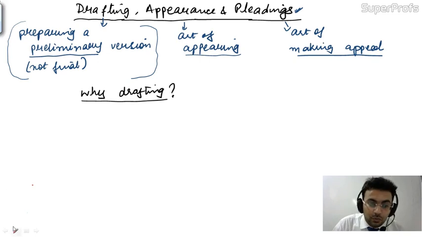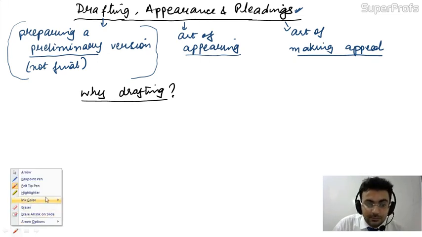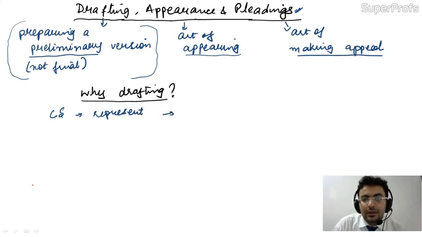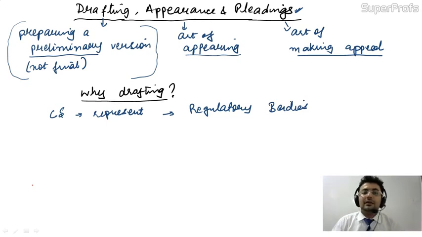So, what are you going to be in the near future? Company secretary. Okay. So, a company secretary needs to represent his company in front of various regulatory bodies. As I told you, being a company secretary, you need to represent your company.